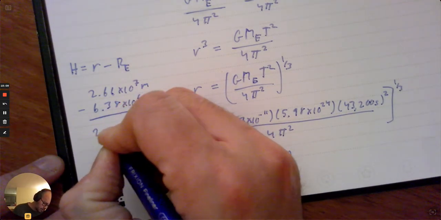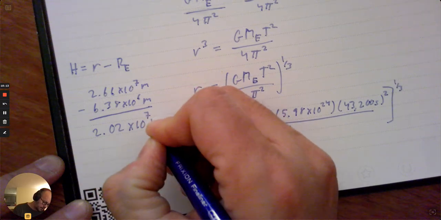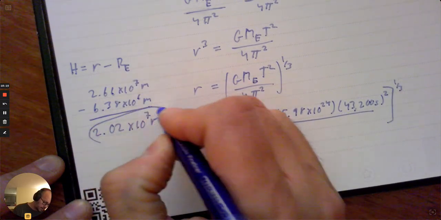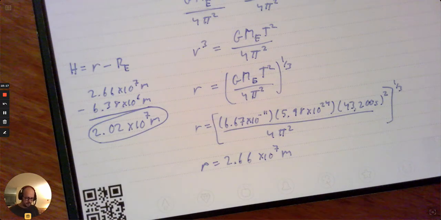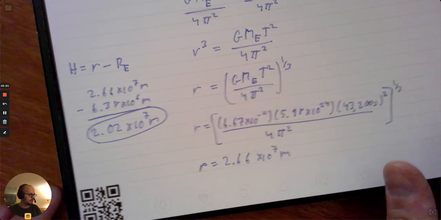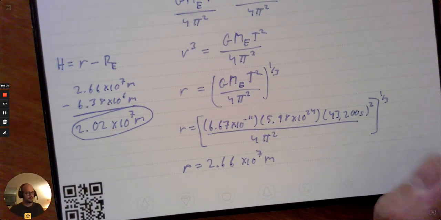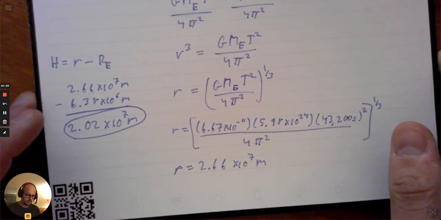My answer is 2.02 times 10 to the 7th meters. So that is the height above the Earth, and that is considerably far above the surface, almost 10 times the distance from the Earth. Cool, and so that's that.